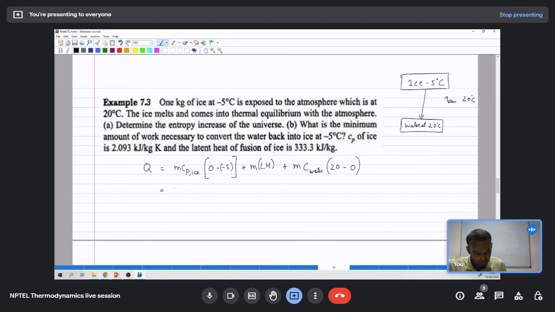Calculating this, m is 1 kg, so you can neglect that. Cp of ice is given as 2.093 into 5, plus 333.3, plus C of water is 4.187 into 20. So total heat transfer is 427.5 kilojoules.